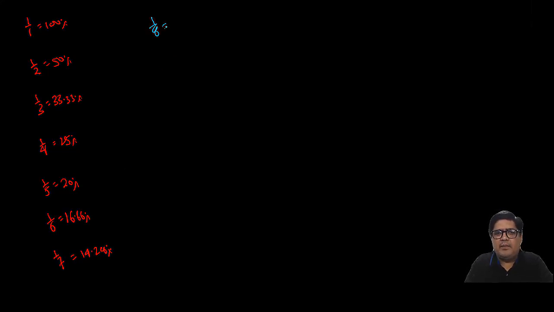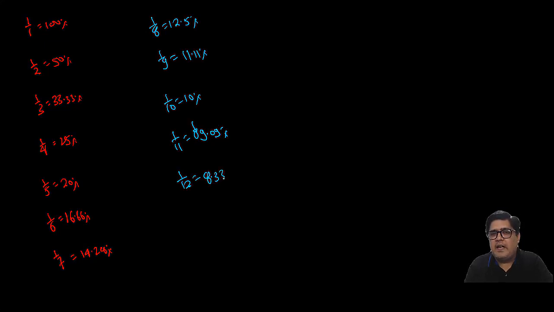1 by 8 is 12.5%. 1 by 9 is 11.11%. 1 by 10 is 10%. 1 by 11, pay attention, is 9.09%. Writing it like this makes it easy. 1 by 12 is 8.33%. 1 by 13 is 7.69%. 1 by 14 is 7.14%. 1 by 15 is 6.66%.